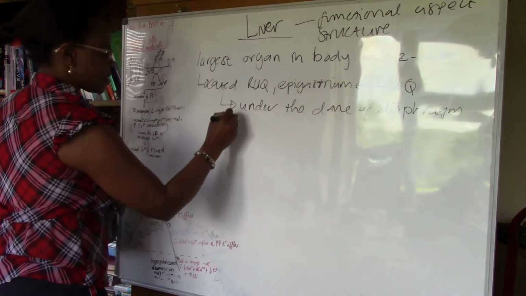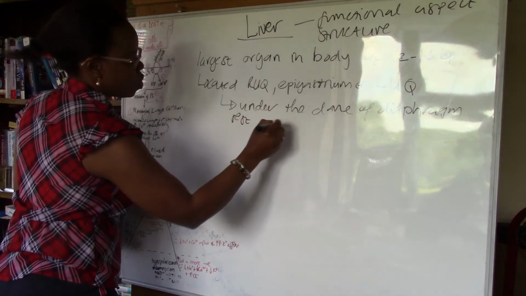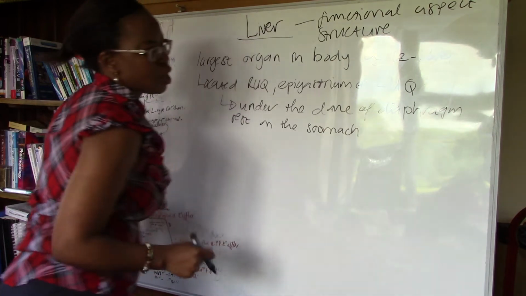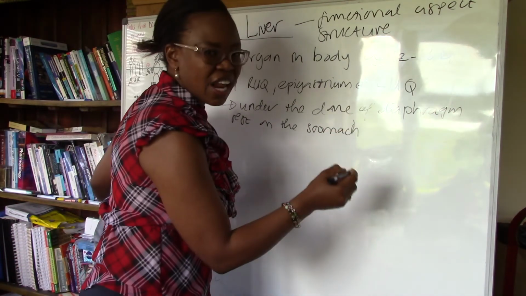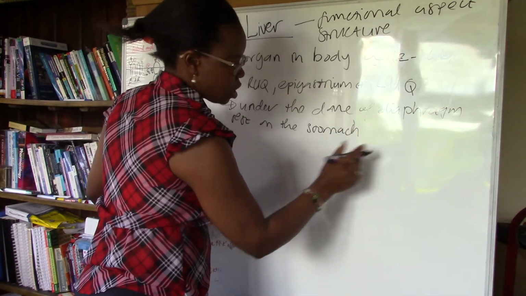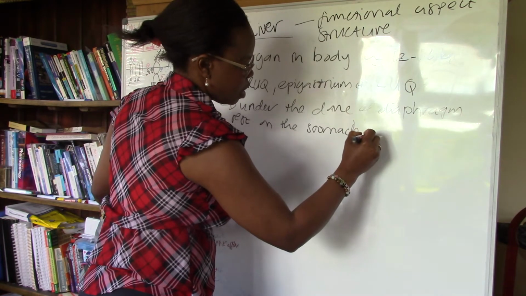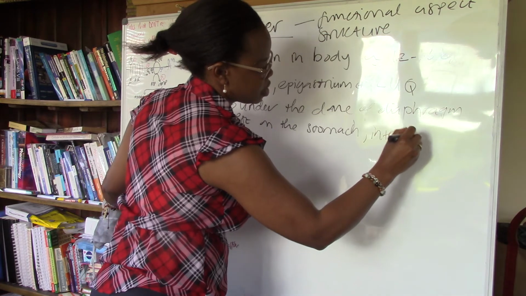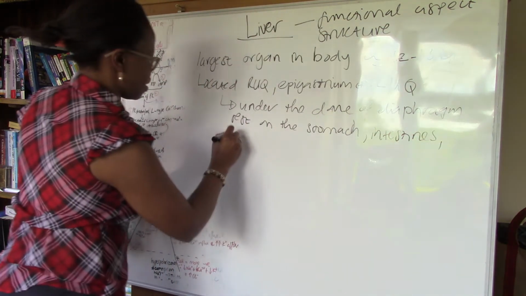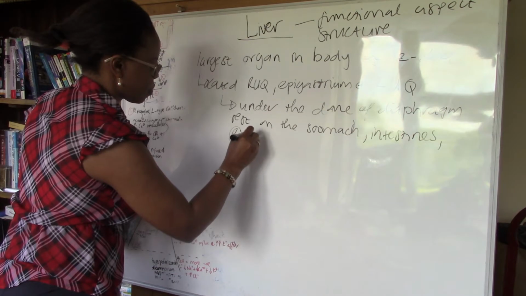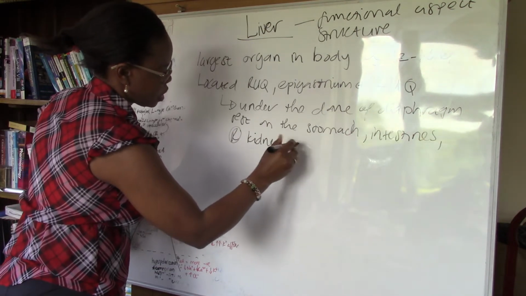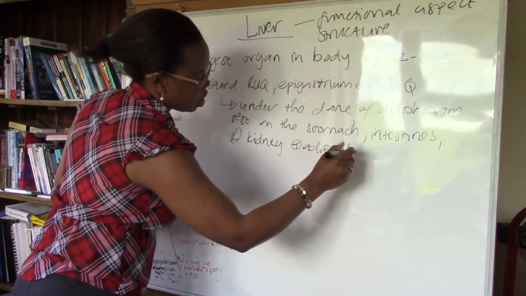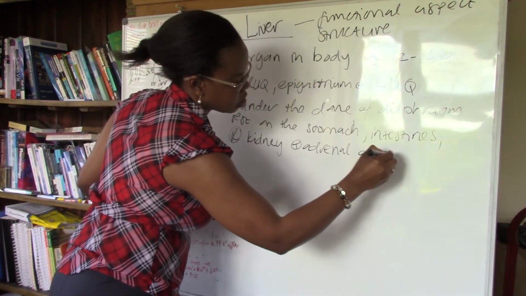And it rests on the stomach, particularly the stomach and the intestines, the right kidney, and obviously the adrenal gland, which lies on top of the kidney.